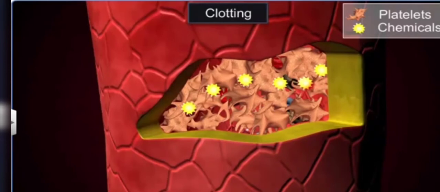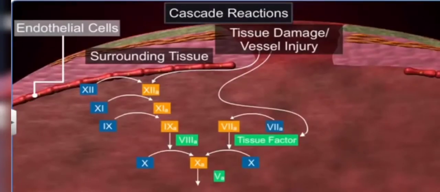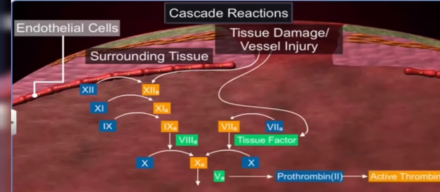These factors, along with thrombokinase and calcium ions, activate the inactive clotting components found in the plasma to start a cascade of reactions. These reactions catalyze the conversion of inactive prothrombin to active thrombin, which in turn converts inactive soluble fibrinogen into active insoluble fibrin.